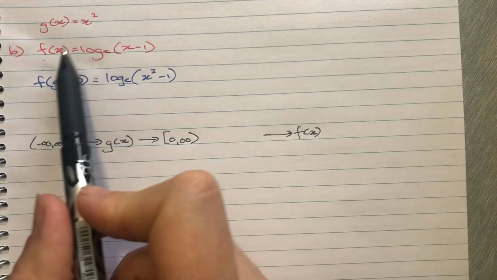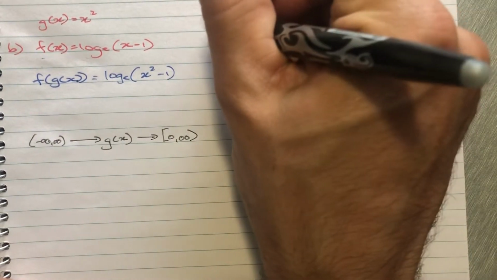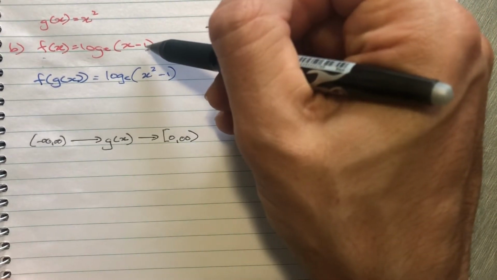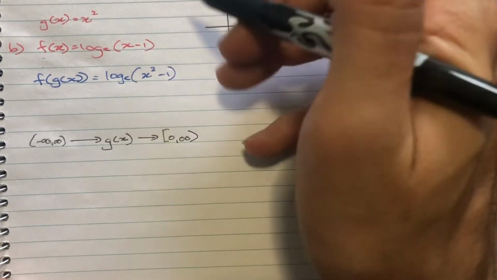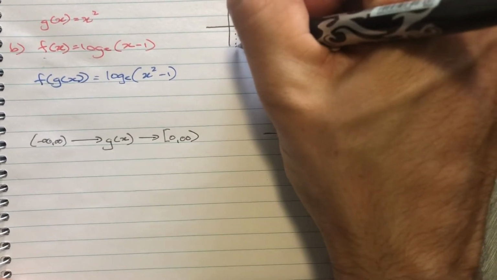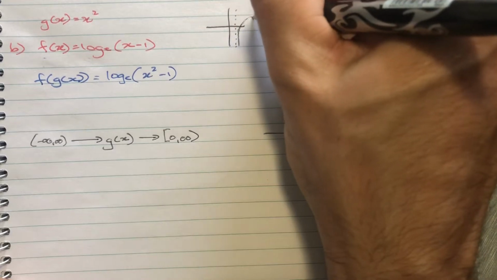Now, f of x is here. Hopefully you remember, but this should look something like this. It's a log graph and it's been moved 1 unit to the right, so we should have an asymptote here at 1, and it should look something like that.